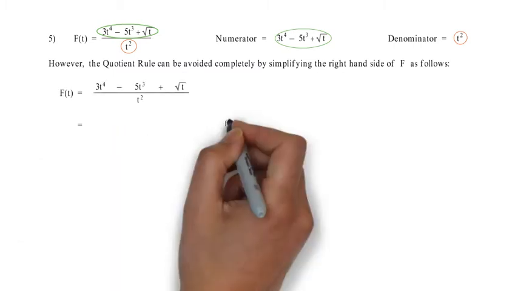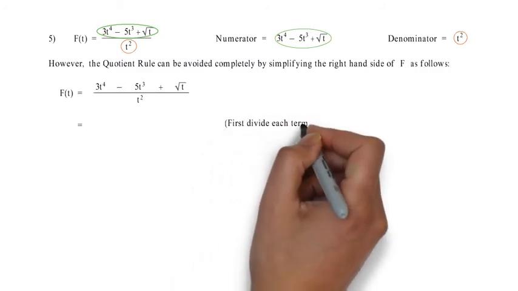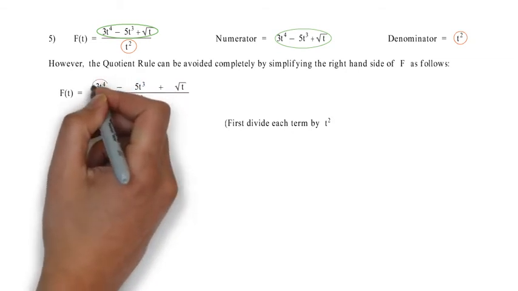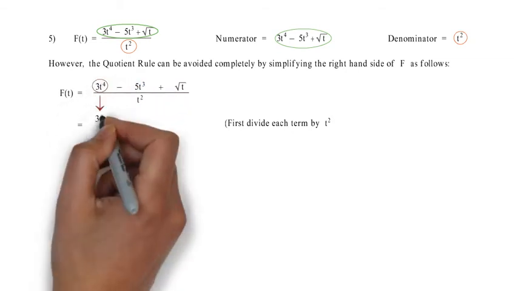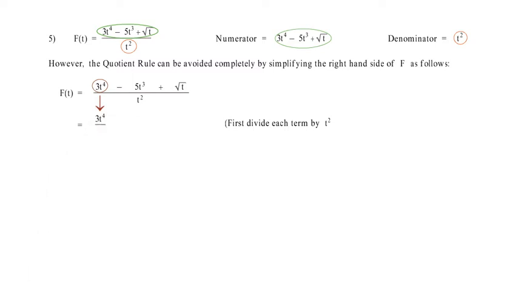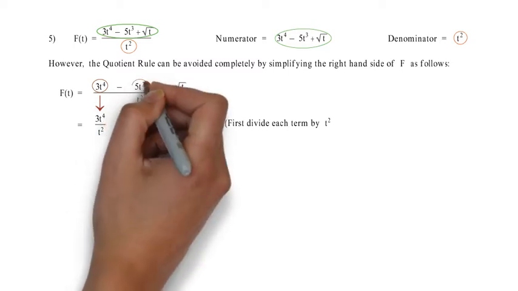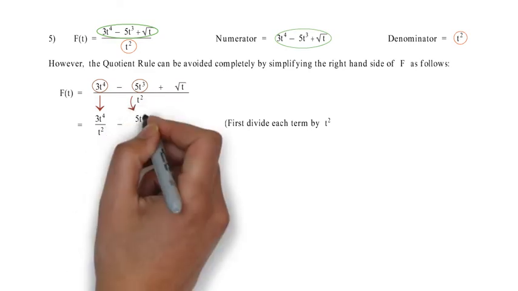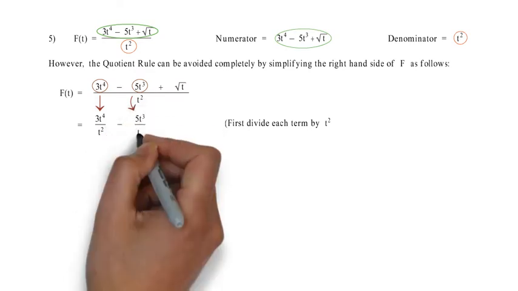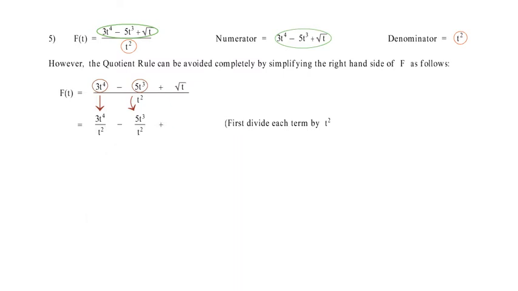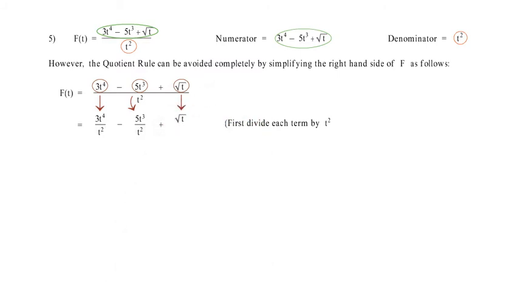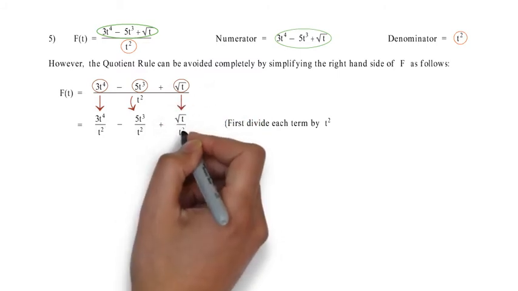First, divide each term by t squared. 3t to the fourth becomes 3t to the fourth divided by t squared minus 5t cubed becomes 5t cubed divided by t squared plus root t becomes root t divided by t squared.